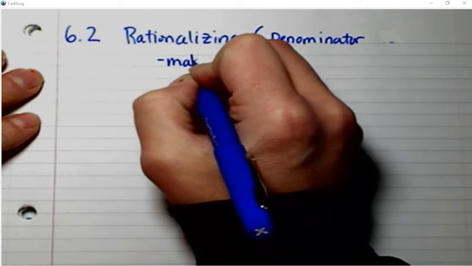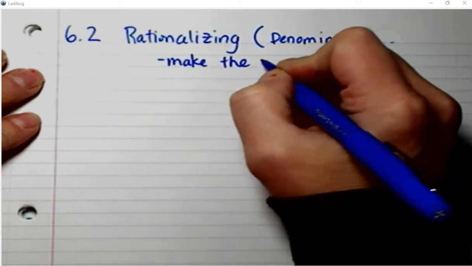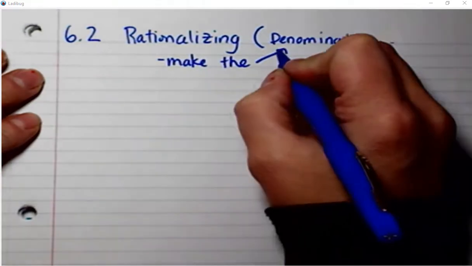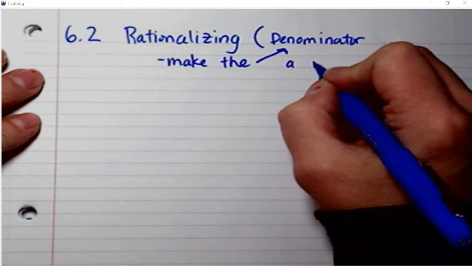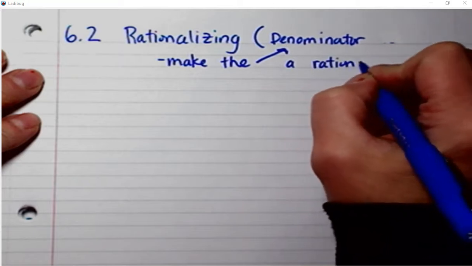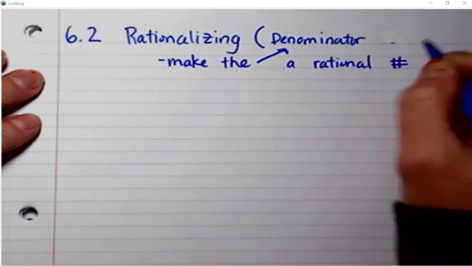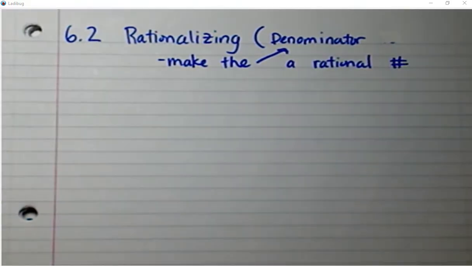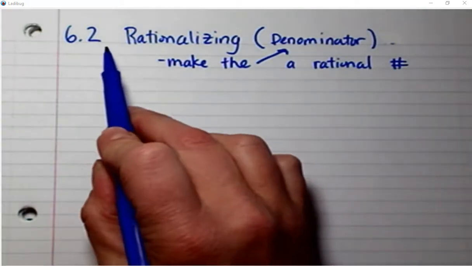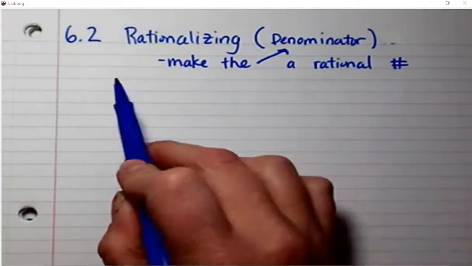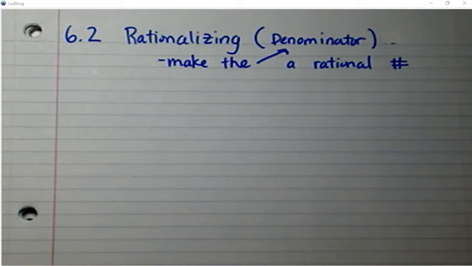Make the denominator a rational number. Rational means no radical. There's that vocab word again from polynomials. Rational means no radical. So we are trying to make the denominator not have a radical.